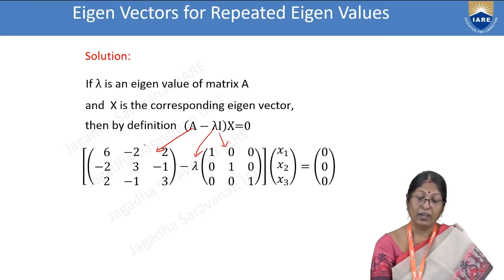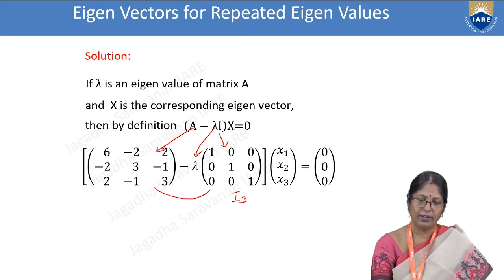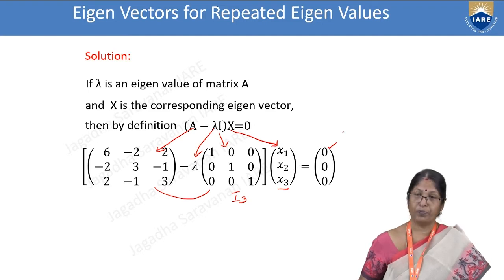We have taken 3 by 3 because the matrices must be of the same order, only then is subtraction possible. That is why the unit matrix is taken as I3, not I2, because this is 3 by 3. Then capital X is x1, x2, x3, equal to 0, 0, 0.